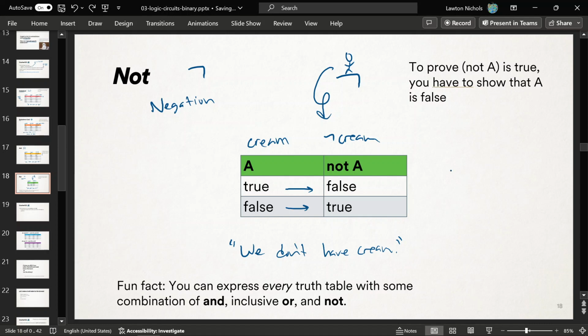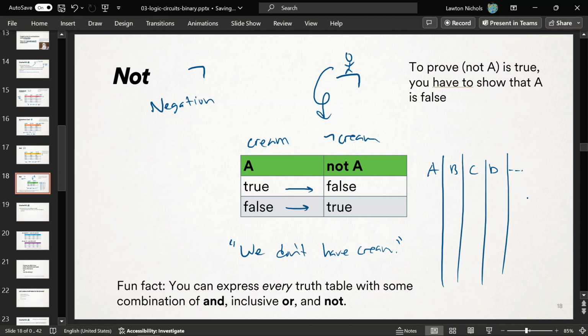So let's pretend you've got a bunch of logical variables, A, B, C, D, all the way to however many you want, and all their combinations, you list them out, and you have some goal in your mind. You want it to be true in this case, and false in this case, and false in this case, and true in this case.